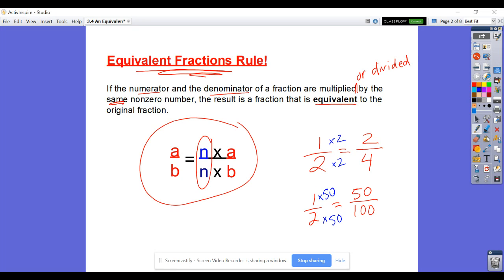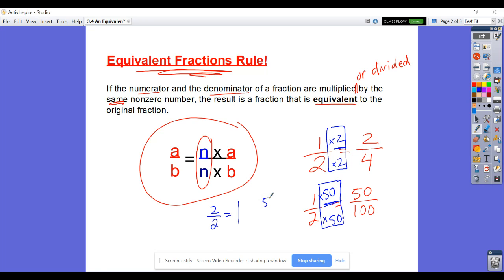So one thing I want you to notice is we could almost consider these multipliers as fractions themselves. And this is why the equivalent fractions rule actually works. So if we considered the fraction 2 over 2, you would tell me that's the same as 1 whole, right?